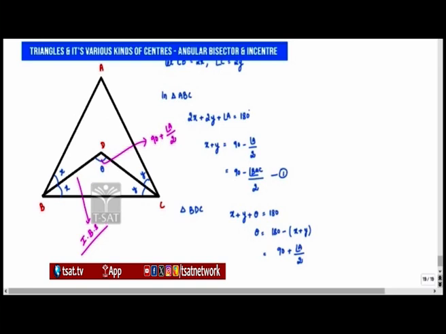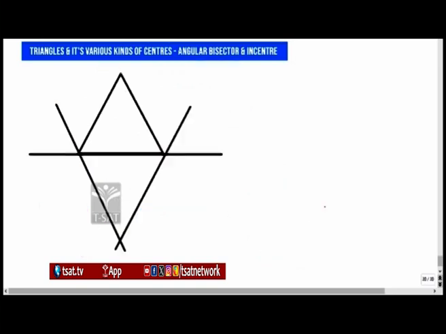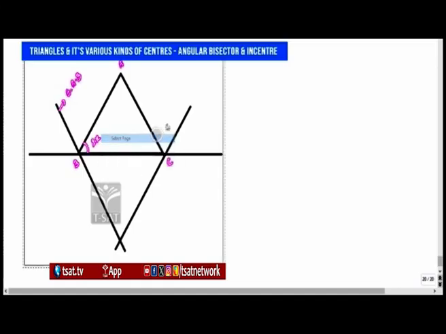Now I will take two external bisectors. These are external angular bisectors. We have already considered the angle B as 2x and angle C as 2y. The remaining angle here is 180 minus 2x.